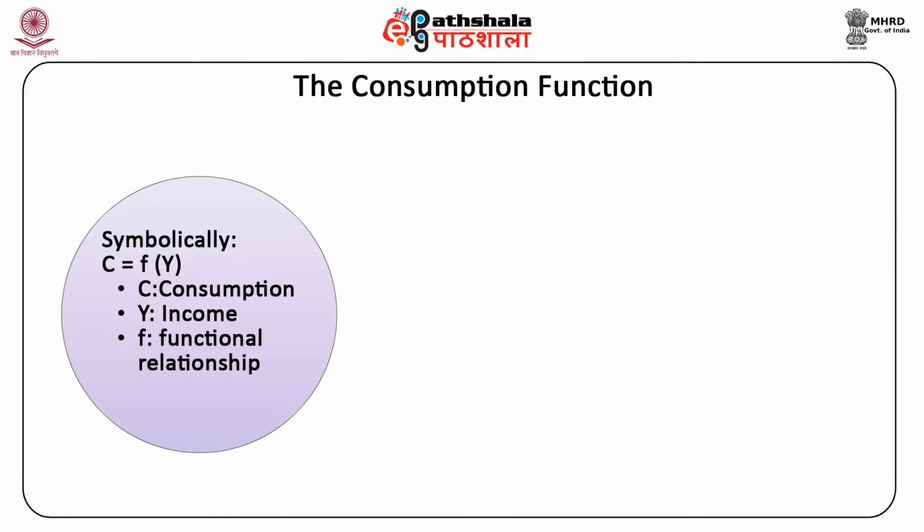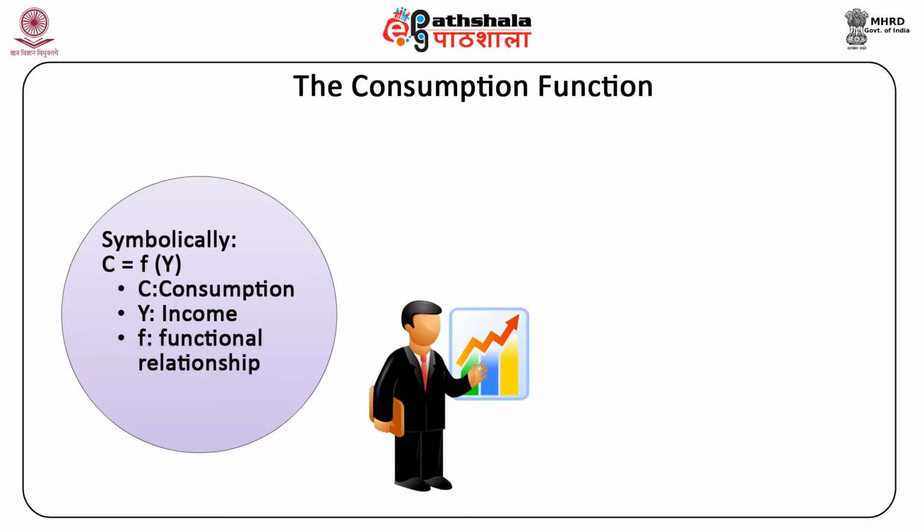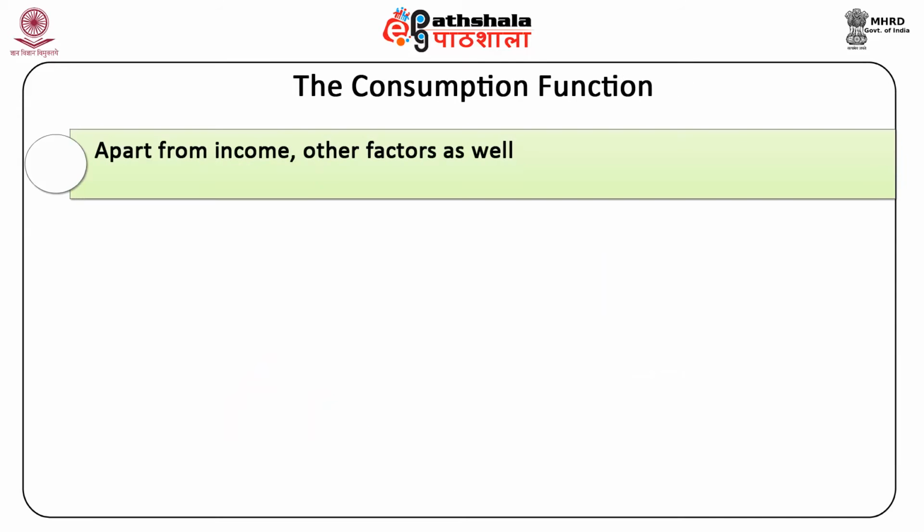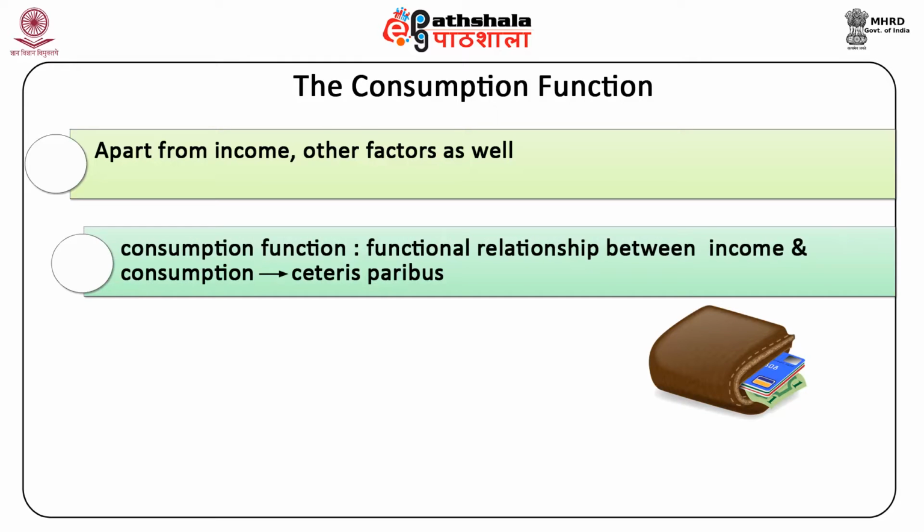Symbolically, the relationship is represented as C equals function of Y, where C represents consumption, Y represents income, and f is the functional relationship. In the functional relation, consumption is the dependent variable and income is the independent variable. Apart from income, there are other factors as well. However, the consumption function represents a functional relationship between income and consumption based on the ceteris paribus assumption.